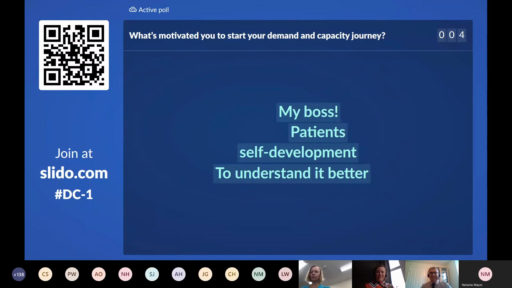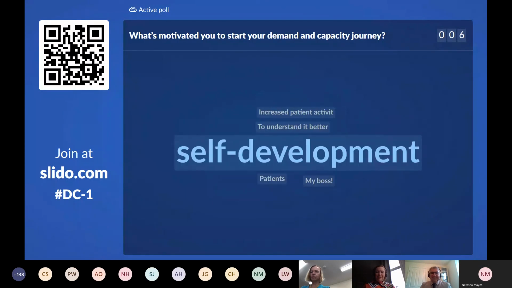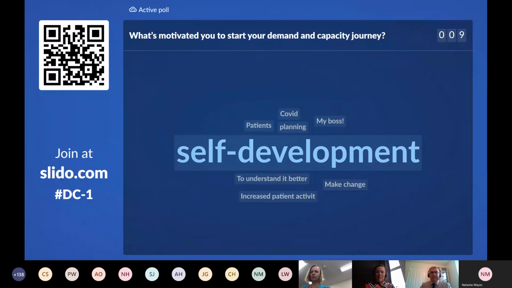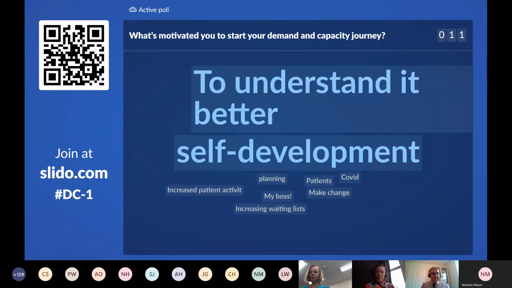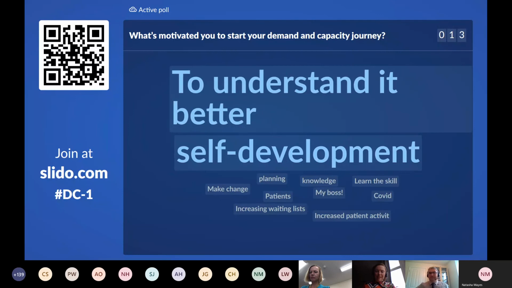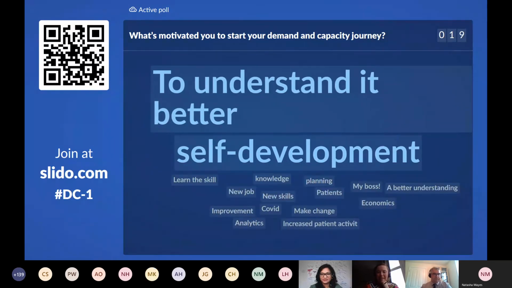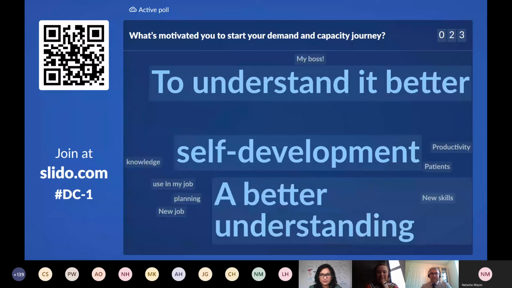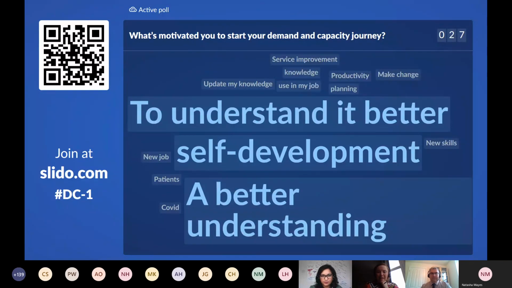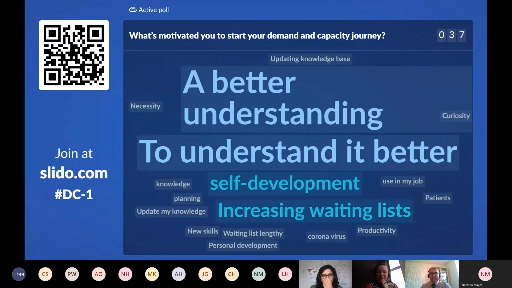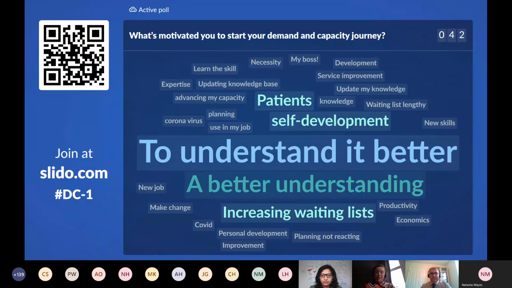My boss. So I feel like maybe it'd be unfair to ask it, but I do feel like we always have a few people on these courses who've been voluntold. I feel like the NHS is quite big on voluntelling. Understand self-development. Increasing waiting lists.